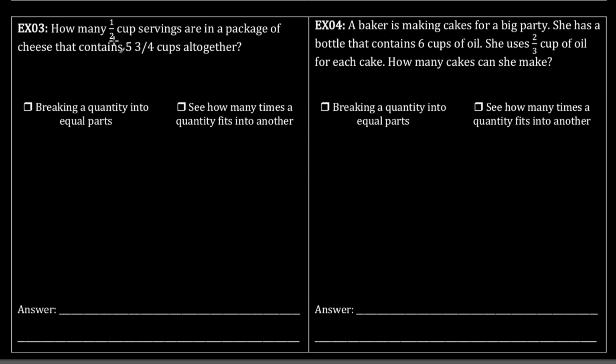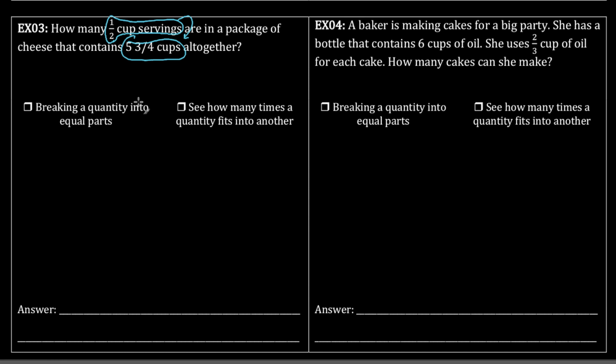So we want to know how many half-cup servings are inside 5 3/4 cups. I'm actually going to make these circles, or these indicators, a little better. So we want to know how many of those go into the 5 3/4 cups.